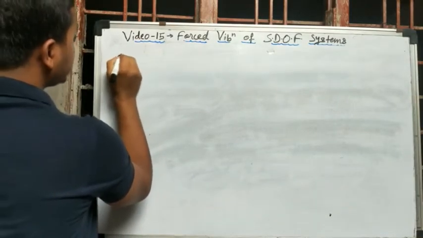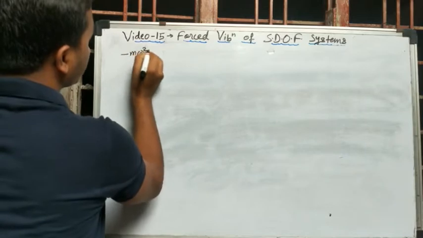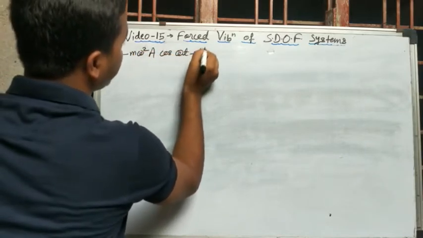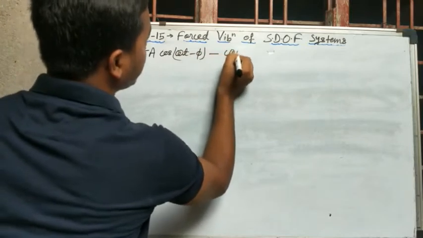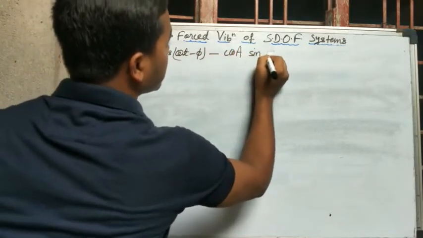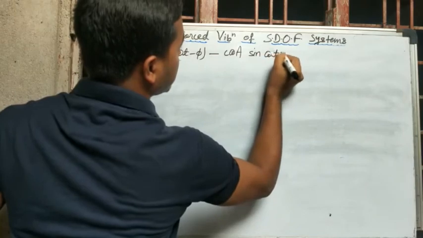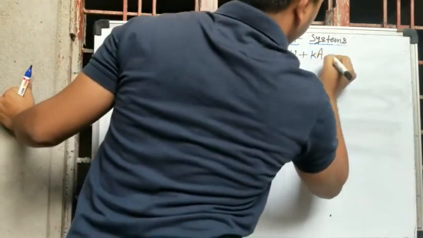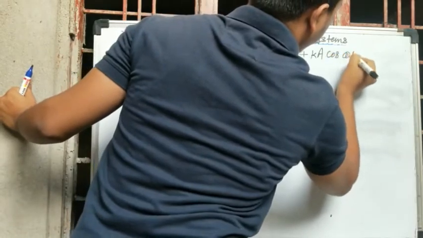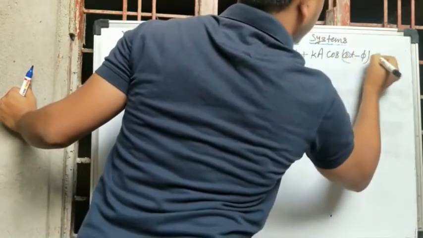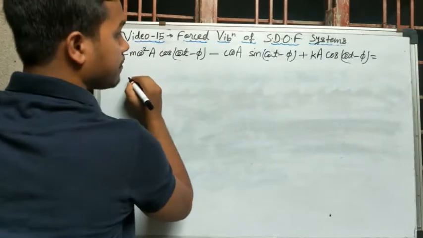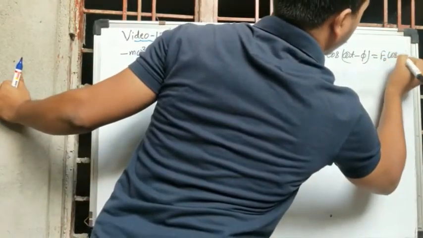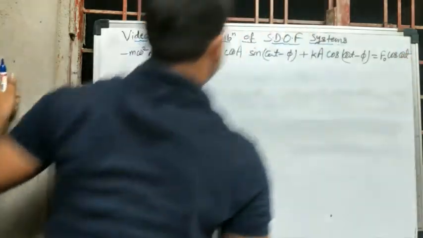So my equation is minus m omega square a cos omega t minus phi minus c omega a sin omega t minus phi plus k a cos omega t minus phi equals f naught cos omega t.